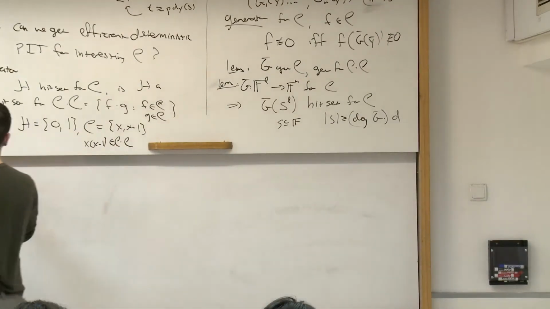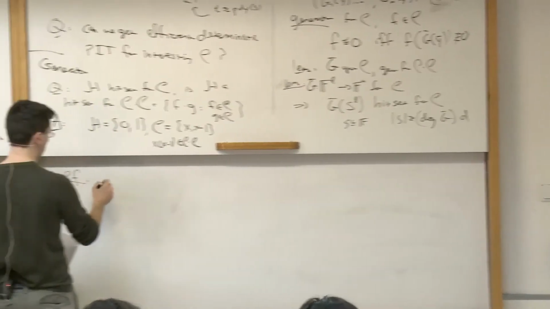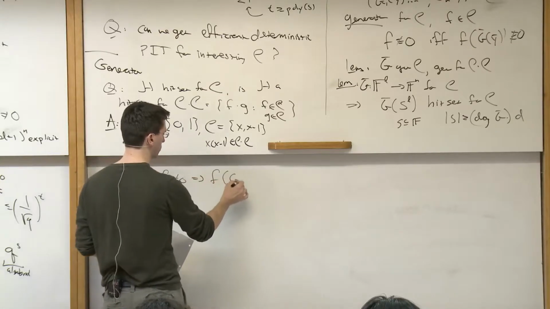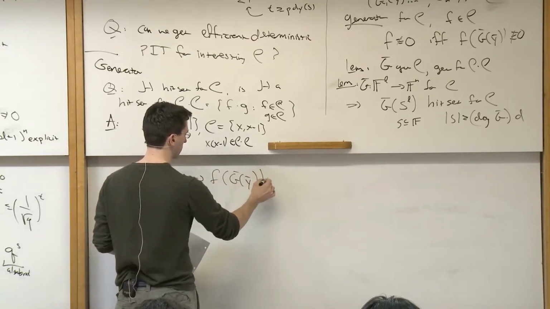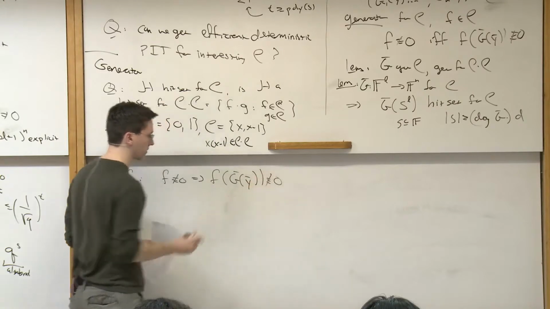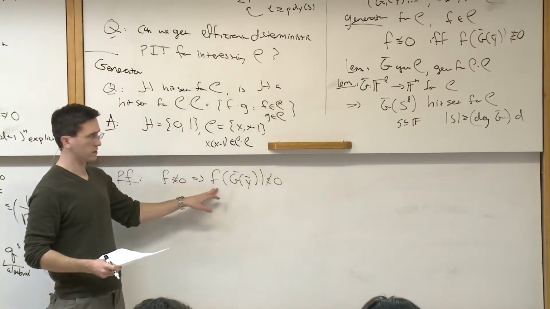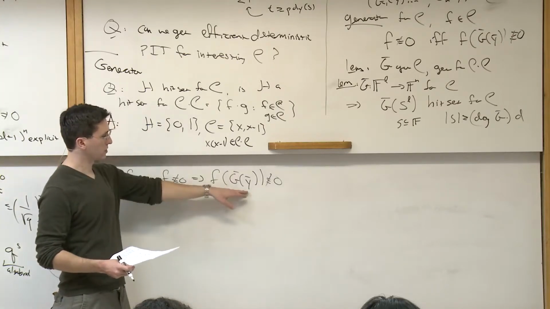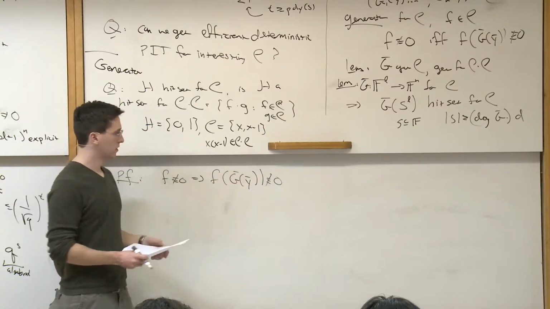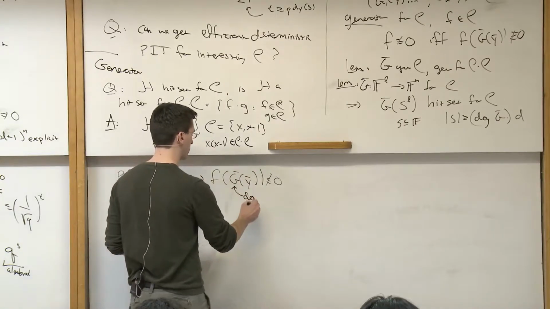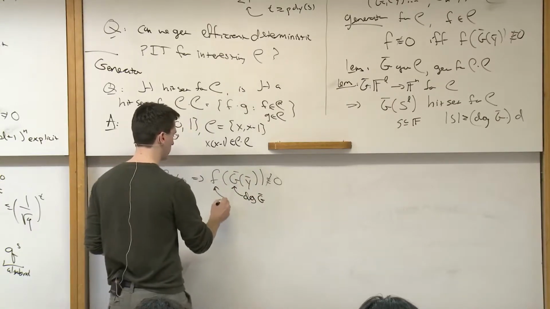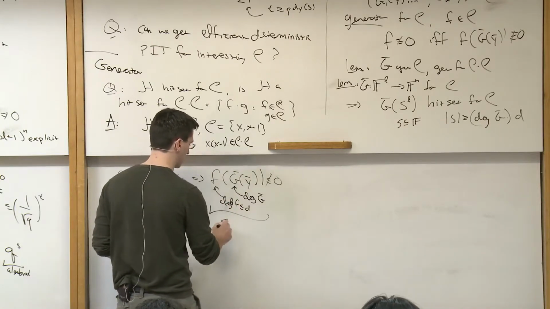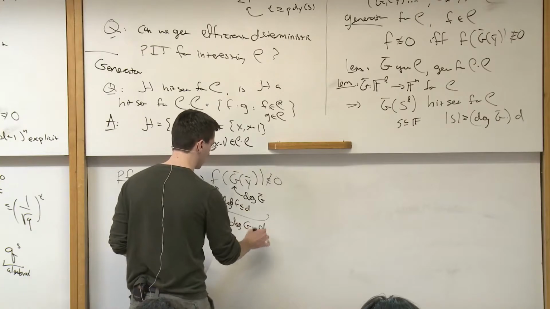So what's the proof of this? It's very simple. If f is non-zero, that implies that f on your generator is non-zero. Now we want to find an evaluation of f that's non-zero. That's our hitting set. But the point is, what are the parameters of this polynomial when we view it in terms of y? Well, G is of degree degree of G, f is of degree at most d, and so the composition is at most degree of G times d.